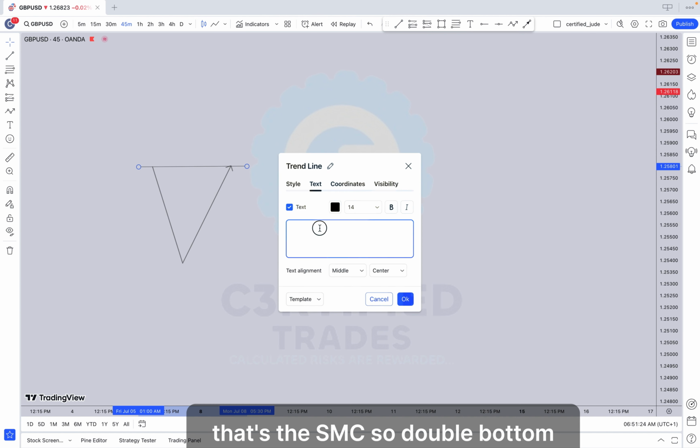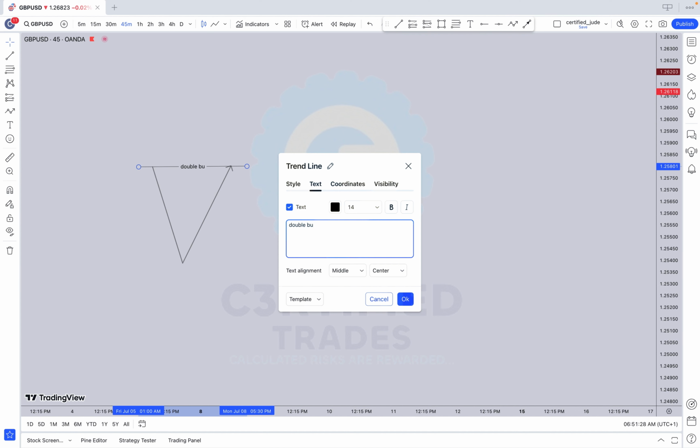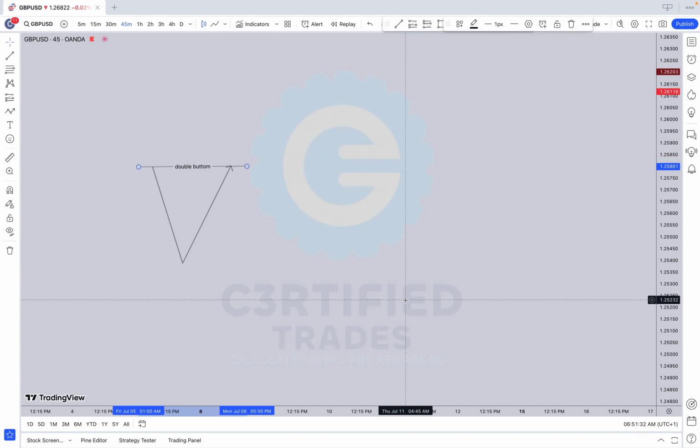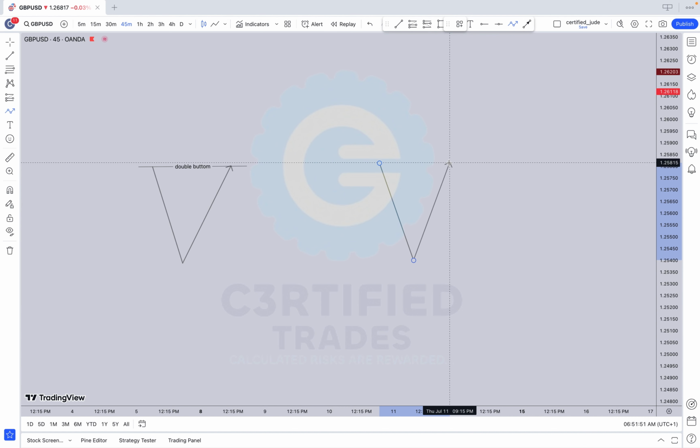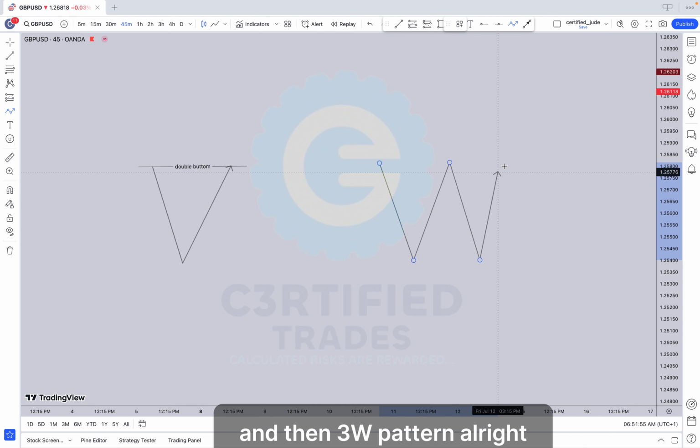That's the SMC double bottom. Then we have, let's say, where the market comes 1, 2, and then 3, the W pattern.